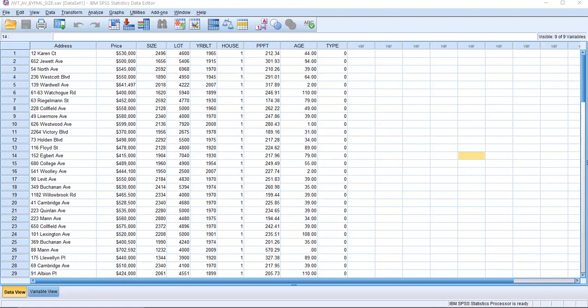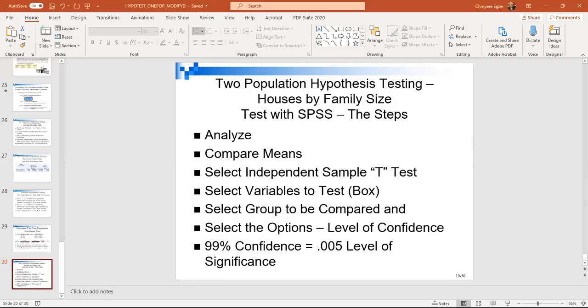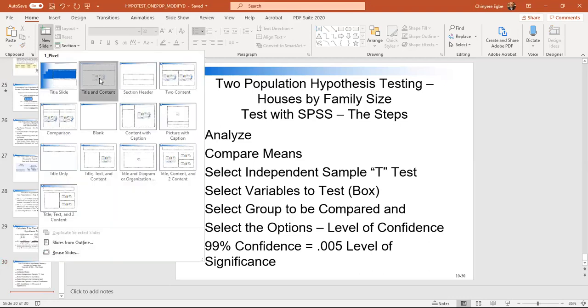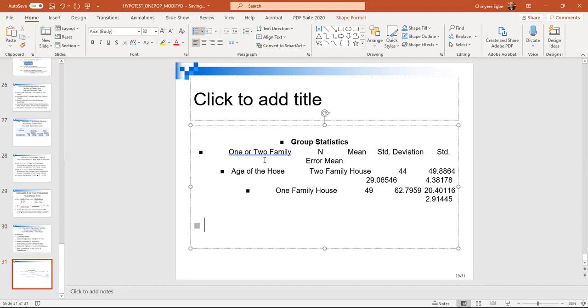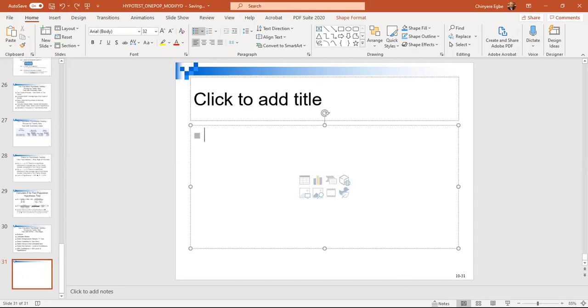So again, I will pull up the PowerPoint slide, and you will see that the summary statistics are already calculated for you using SPSS, and you just plug them in. I'd rather put it in MS Word first before I plug it in.